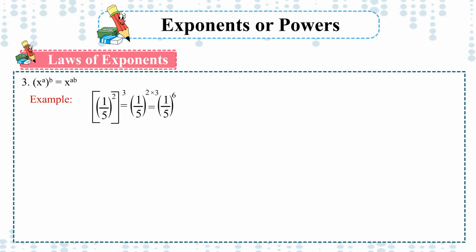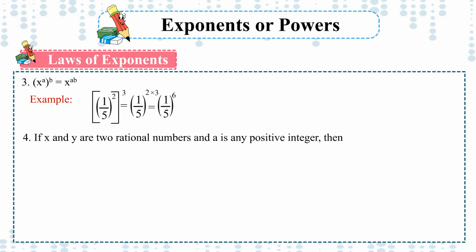Example: 1/5 raised to the power 2, raised to the power 3, is equal to 1 upon 5 raised to the power 2 multiplied by 3, is equal to 1 upon 5 raised to the power 6.